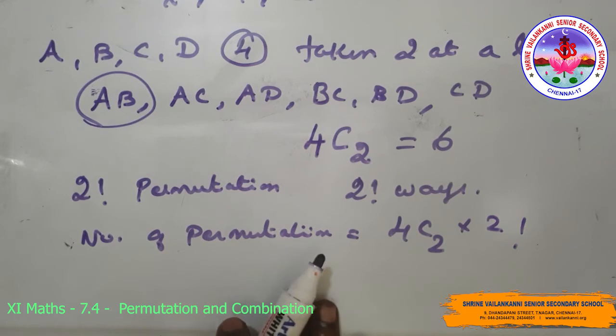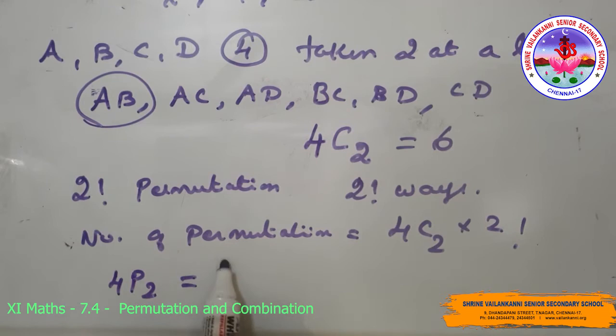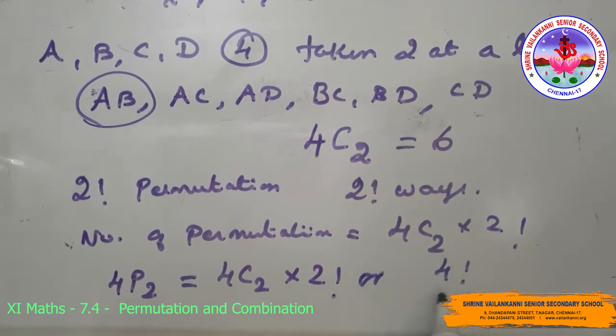So the number of permutations of 4 different things taken 2 at a time, 4P2, is equal to 4C2 into 2 factorial. Otherwise we can write this as 4 factorial by (4 minus 2) factorial, into 2 factorial, which is 4C2.